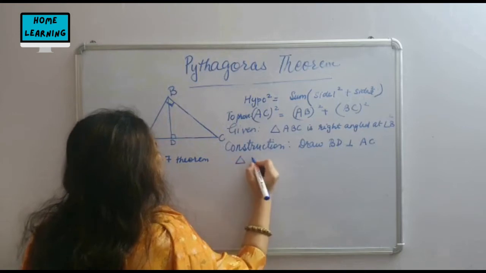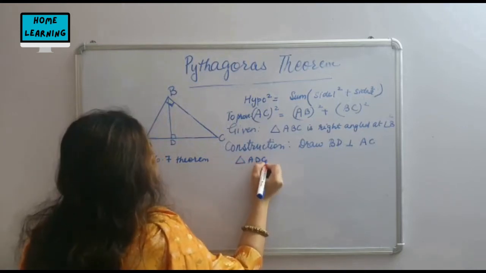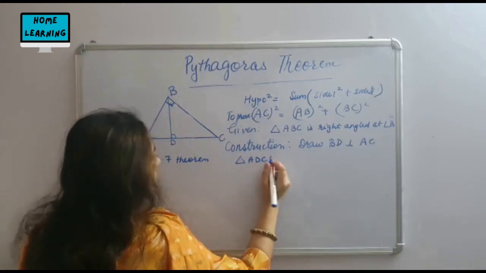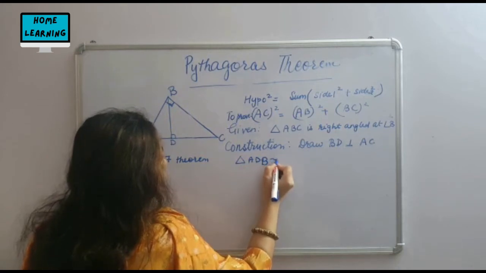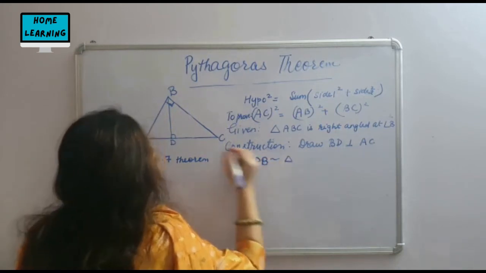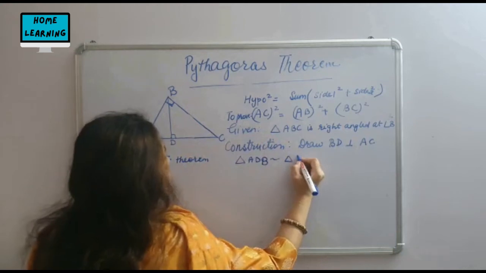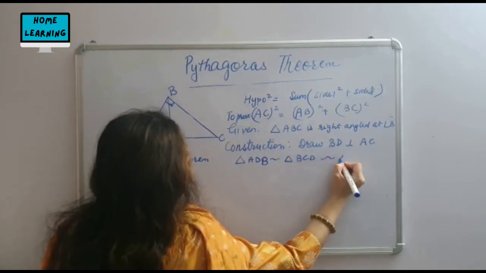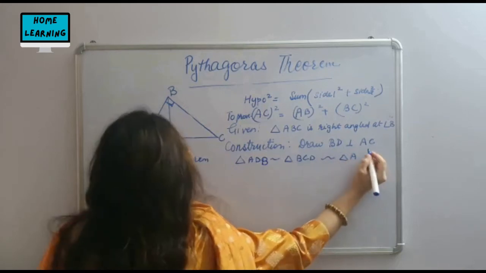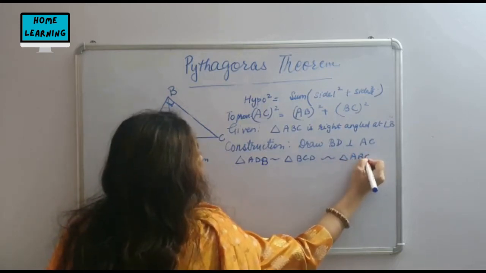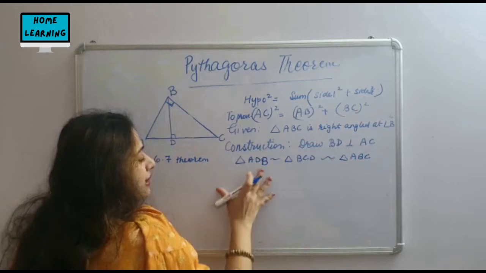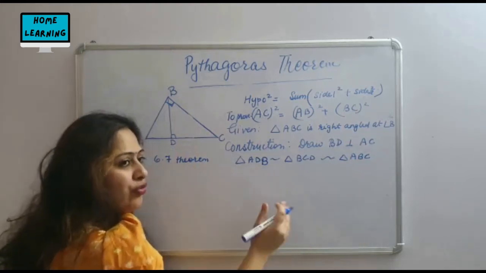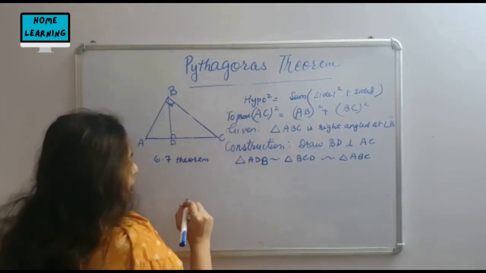This means triangle ADB is similar to triangle BCD, and it is also similar to the original triangle ABC. This will be used as a proof for our Pythagoras theorem.